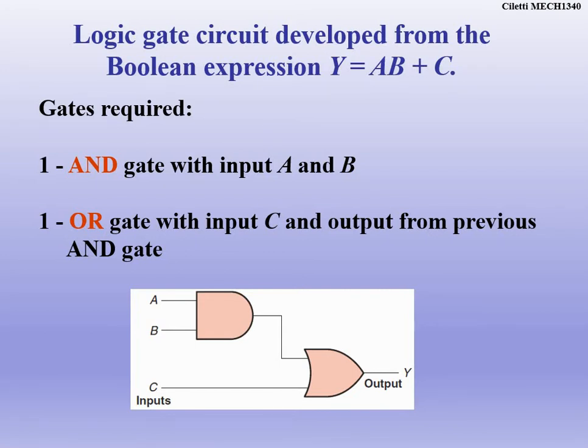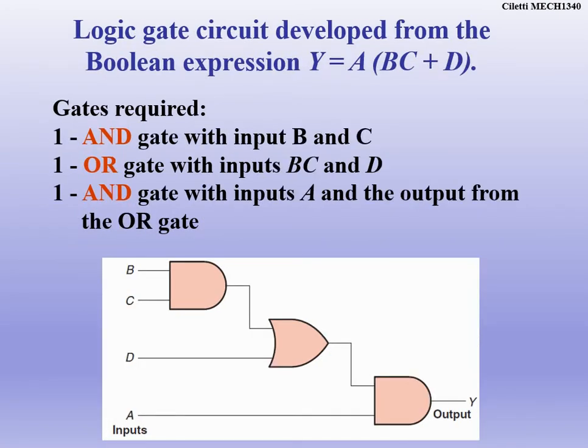So anytime things are multiplying together, we need an AND gate. Anytime we see things adding together, you need an OR gate. So we're going backwards from before. So the examples a few slides ago, right? I gave you the logic circuits, and you had to come up with the expressions for the outputs. Now I'm giving you the expression, you have to come up with the circuit for it.